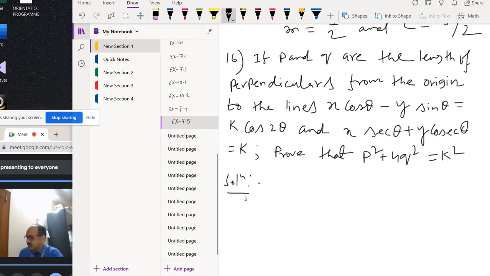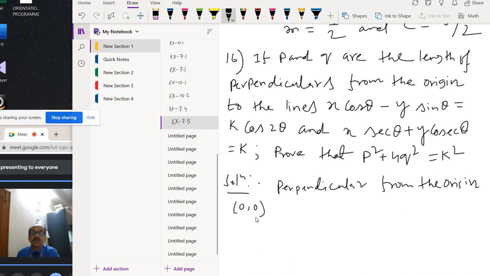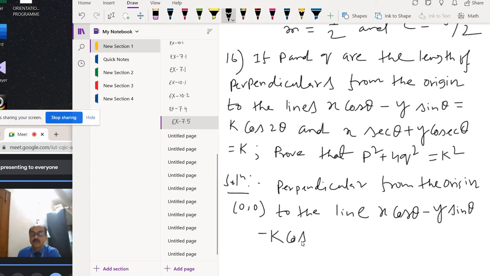So the perpendicular from the origin, that is 0 0, to the line x cos theta minus y sin theta minus k cos 2 theta equal to 0.